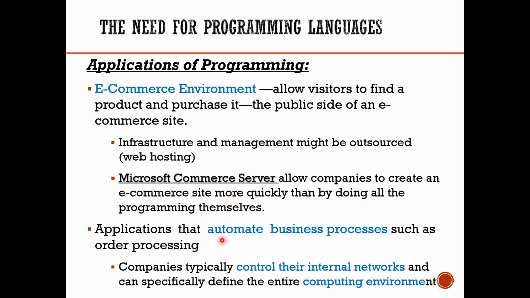The other one is those kinds of applications that are meant to automate the business process, such as order processing. For example, when you are ordering something, as a client or as a merchant, you are ordering one item from a particular server or from a particular company. This is another kind of programming.